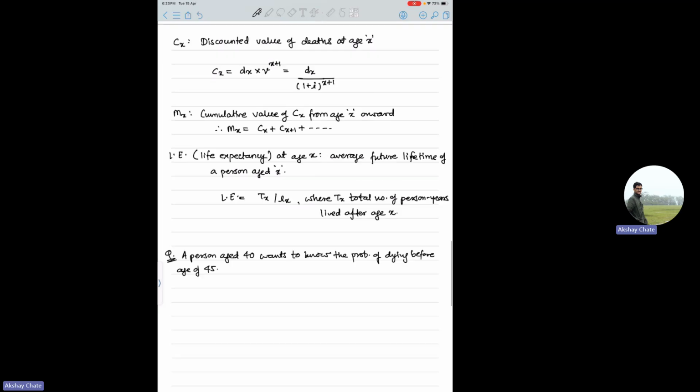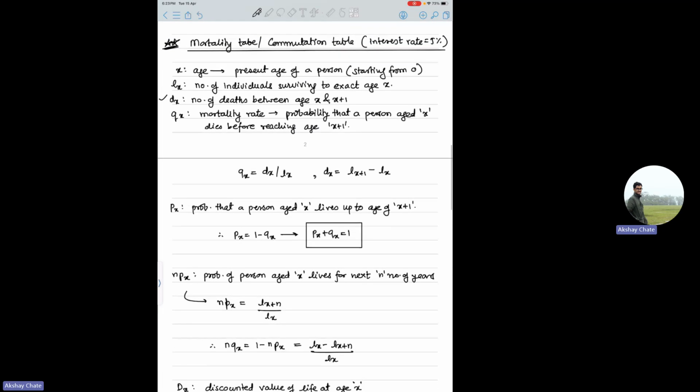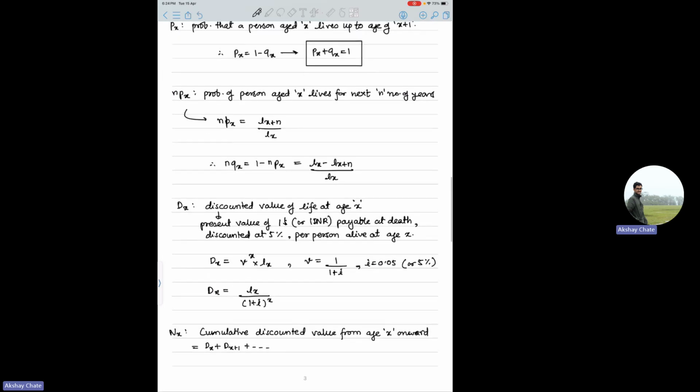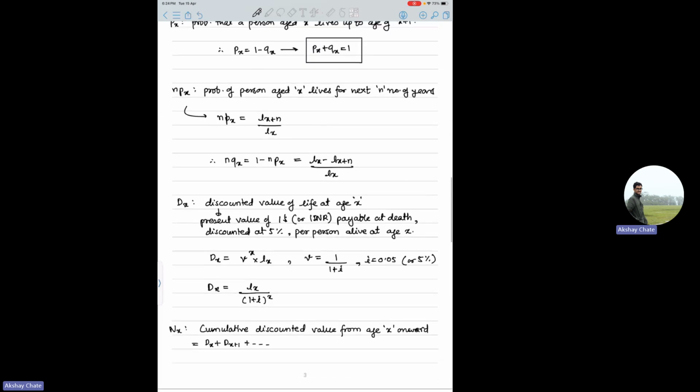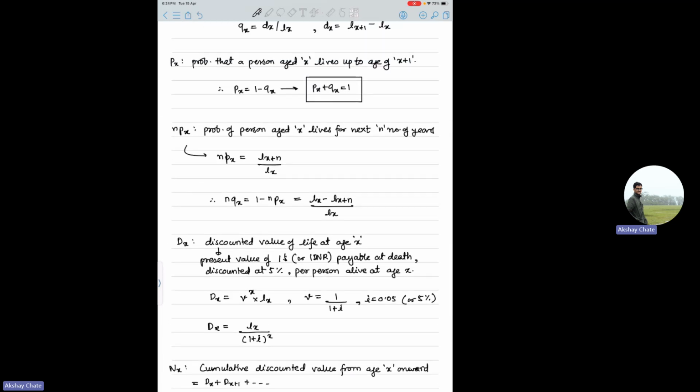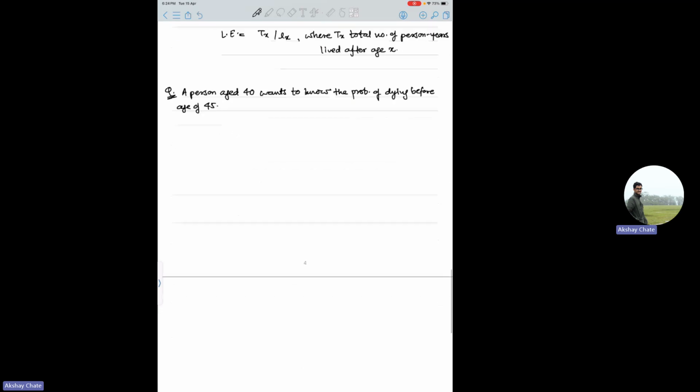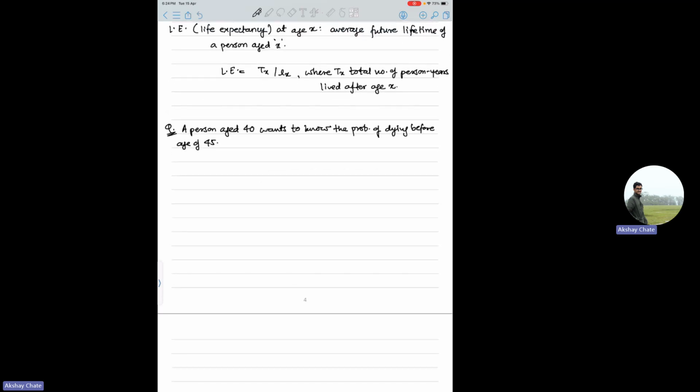Now you can check. This qx is the probability that a person aged x dies before reaching the next year. We don't want that. We want this one for the next 5 years, so we want nqx basically. n is 5 here, and x stands for 40, because the current age is 40 and you want the next 5 years.